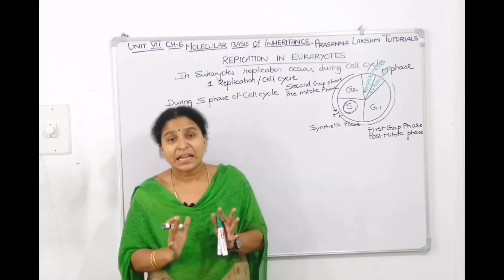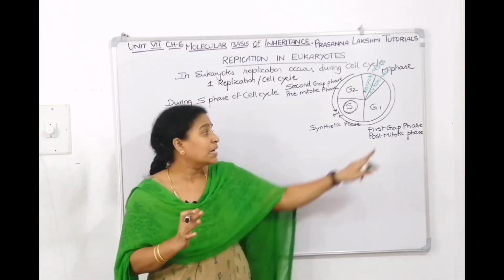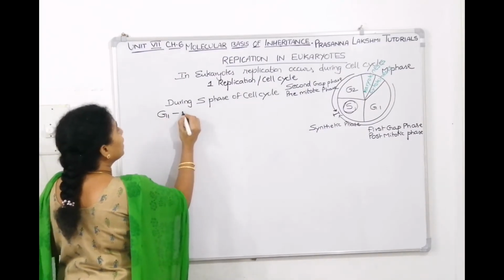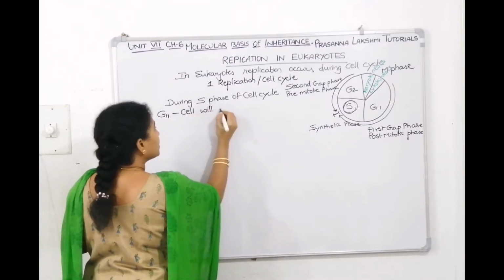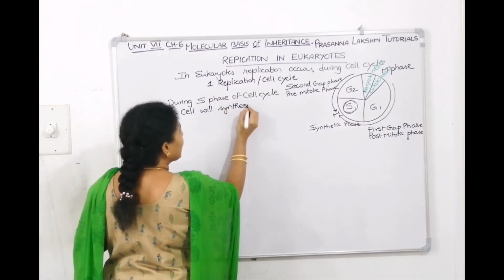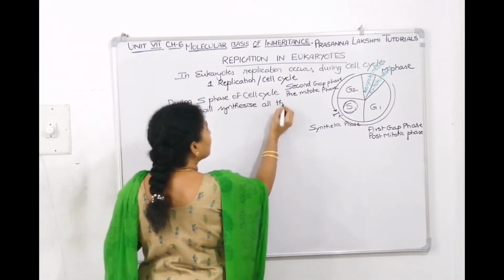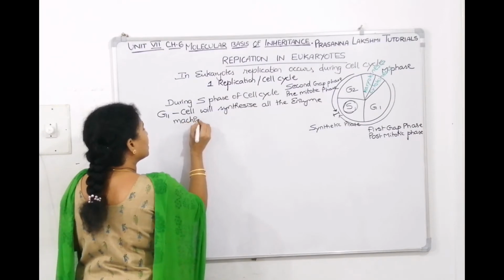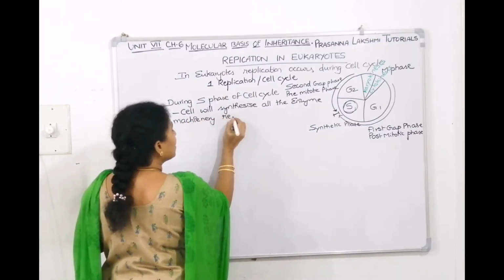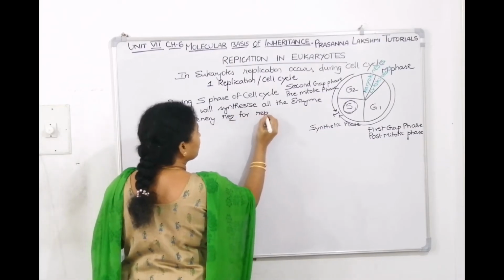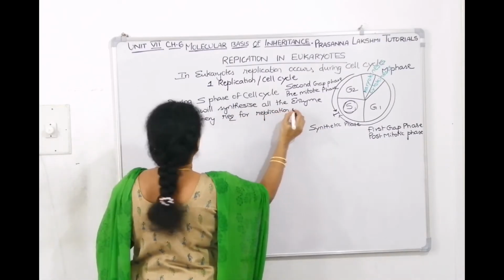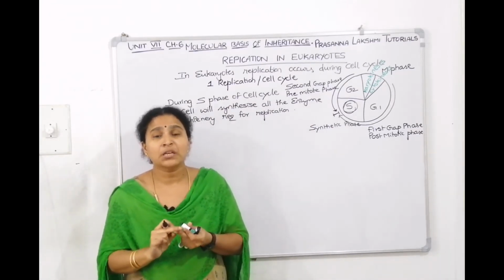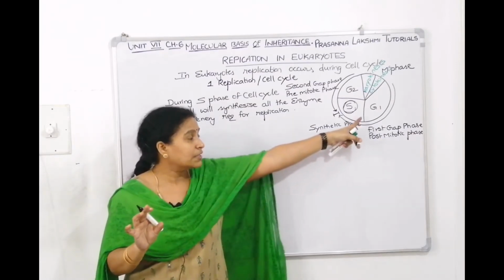All the machinery and enzymes required for replication are synthesized in the G1 phase.